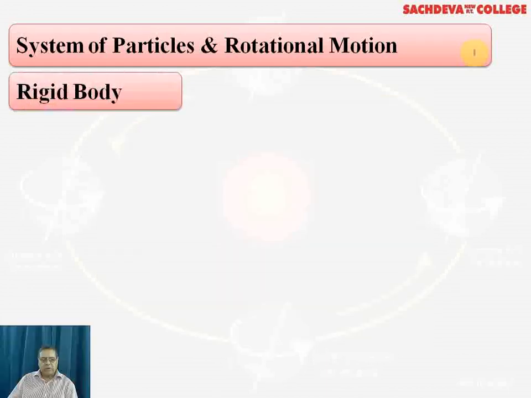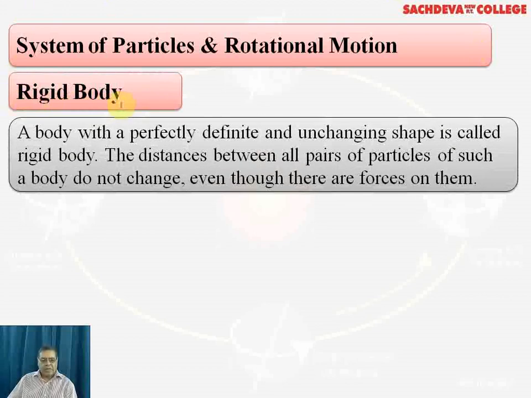So first of all, we come to the definition of a rigid body. Rigid means having a definite shape, that is, an unchanging shape, and a body with a perfectly definite and unchanging shape is called a rigid body. The distance between all the pairs of particles of such a body does not change.